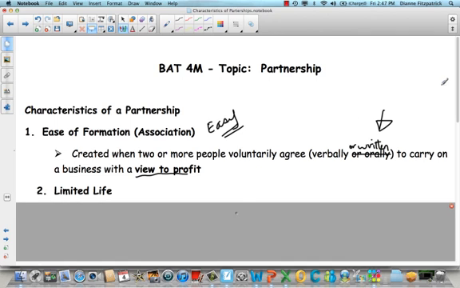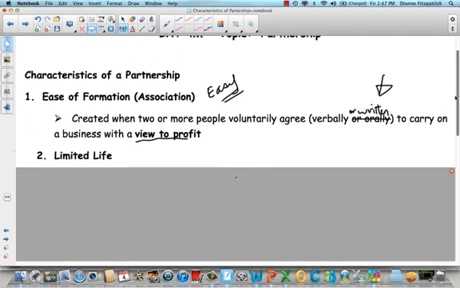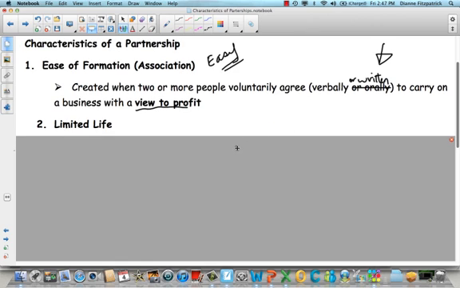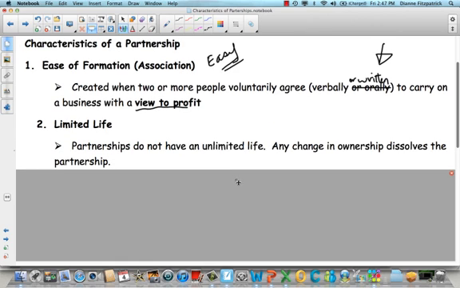Now, another characteristic of a partnership is limited life. What does that mean? Well, limited means there's an end. Unlimited means there's no end. So partnerships do not have an unlimited life. It's limited. Any change in ownership dissolves the partnership and they have to start over again.